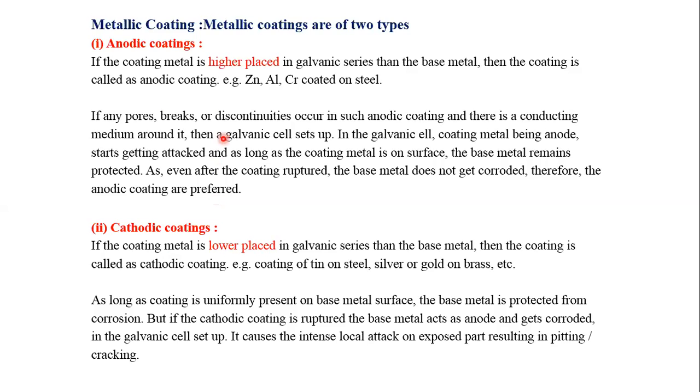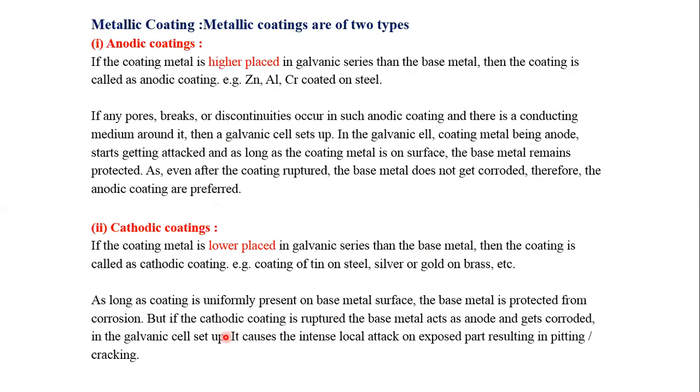Now, the same explanation can be given for the cathodic coating. Again, if any pores, breaks or discontinuities occur in the cathodic coating and the surrounding has a conducting medium, a galvanic cell is formed. In this galvanic cell, the coating metal behaves as a cathode because it is placed lower, and the base metal behaves as an anode.